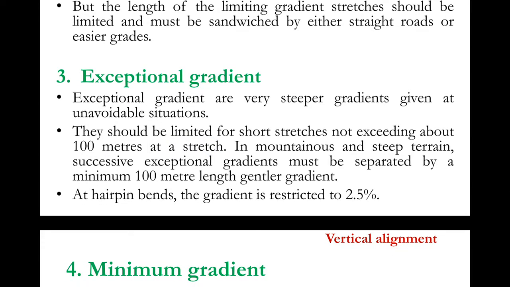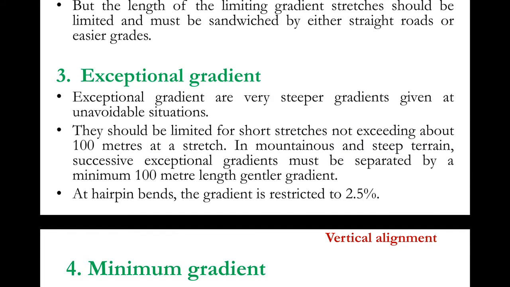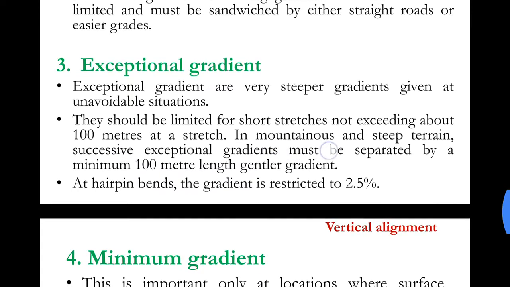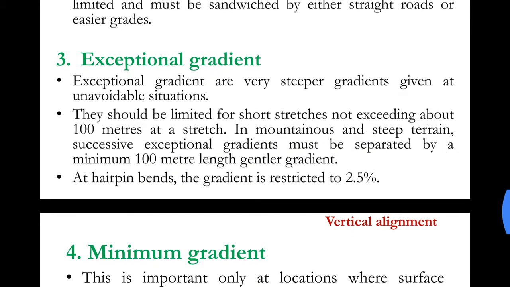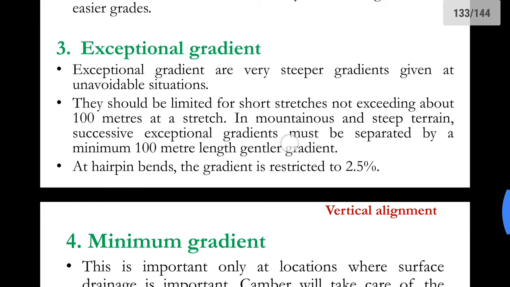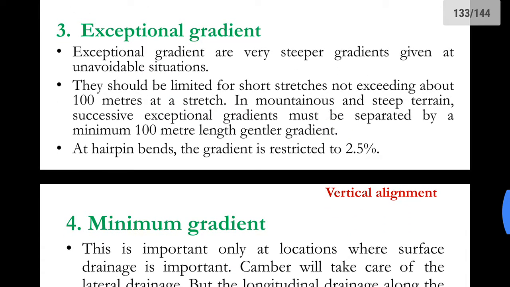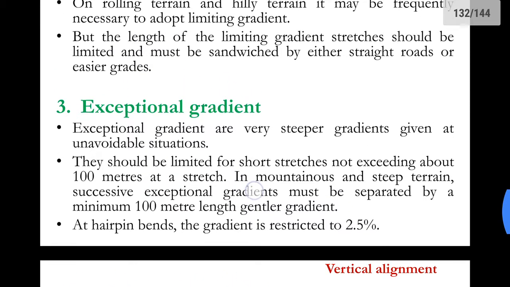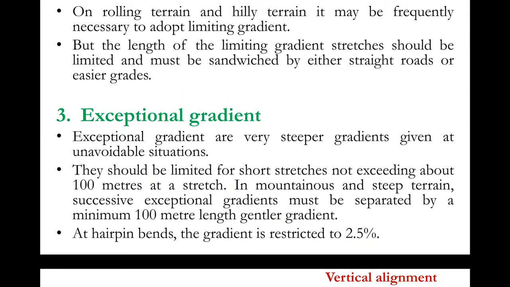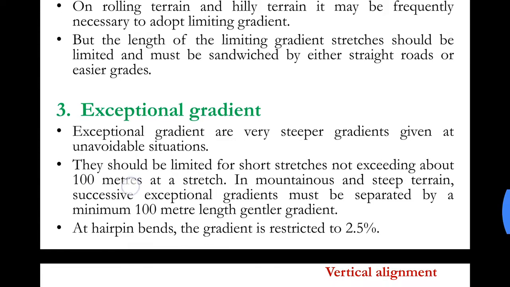In mountainous and steep terrain, successive exceptional gradients must be separated by a minimum 100-meter length gentler grade. So these exceptional gradients are even steeper than the limiting gradients and these can be provided only for a stretch of 100 meters.